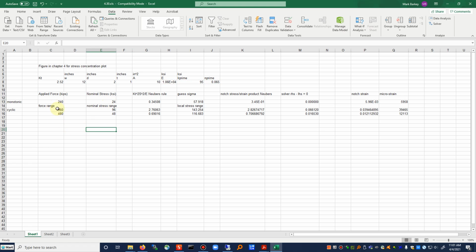All right, so now we're at the force range. Okay, so I've worked some of this out previously, but we're at 240 for a force range. That gives a nominal stress range of 24 KSI. The cyclic Neuber's rule, let's make sure that I have this right.